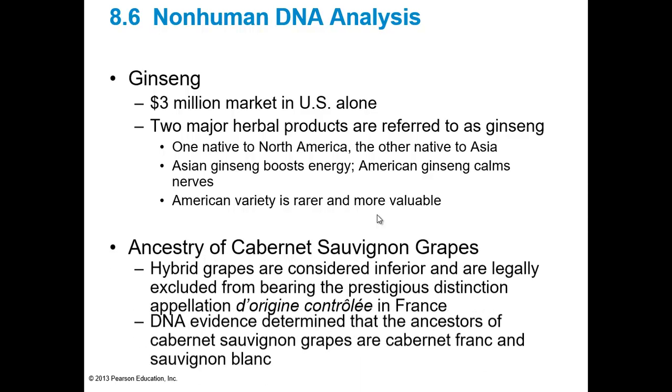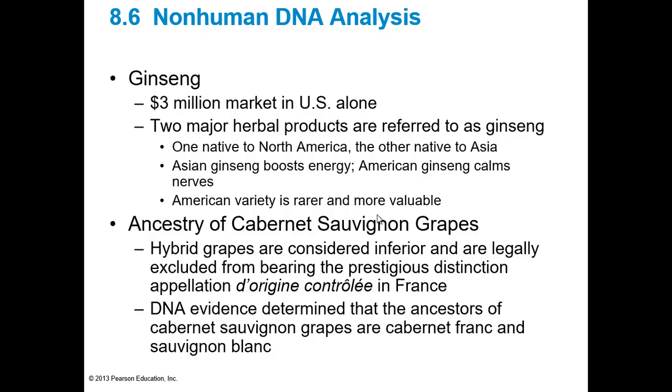And the way that you do that is a genetic test because the two varieties of ginseng are genetically different. Okay. Cabernet Sauvignon grapes, if you want to trace these back to France, to the ancestral Cabernet Sauvignon grapes, then you have to do DNA evidence.